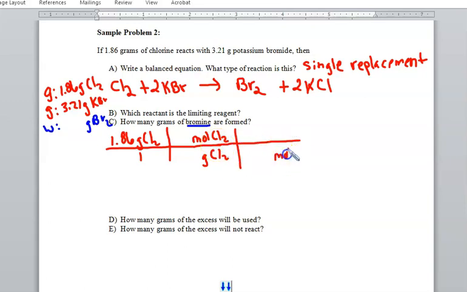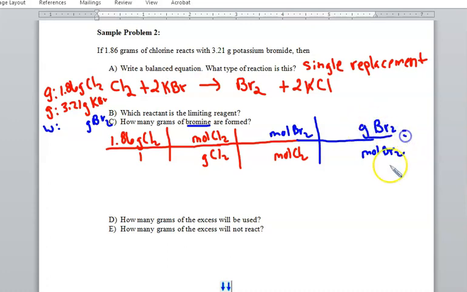And from moles of chlorine, now I can switch it to bromine, so Br2, and I'm going all the way to grams. So see how I've switched it now. So now we're going to bring moles of bromine down, and we're going to go to grams of bromine. This is the mass. They're the longer type. This is the way they all look.